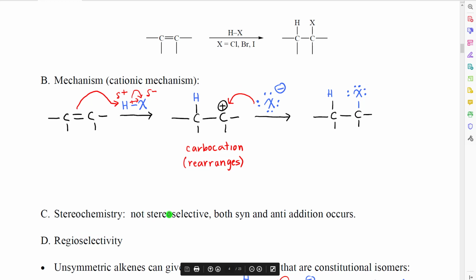We form both syn and anti-stereoisomers. This can become very complicated, and so care must be taken to really analyze each of the stereochemical outcomes. It's possible to have up to 4 different stereoisomers for the products.